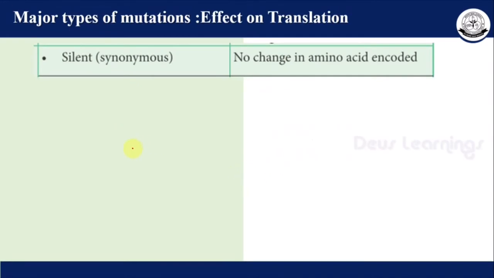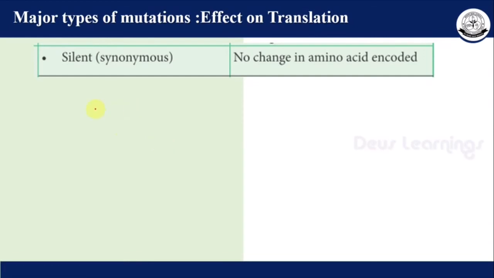Then silent or synonymous. In synonymous there is a change, right? But the change didn't bring a change in the amino acid. Let's see an example.